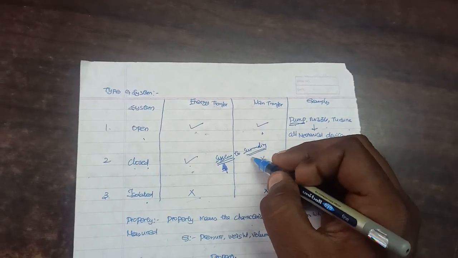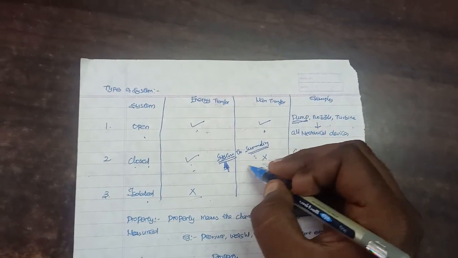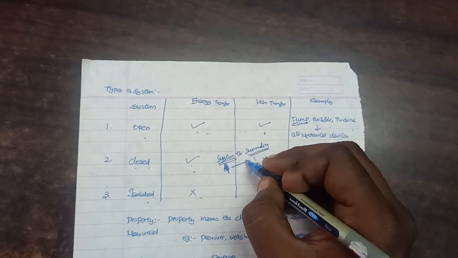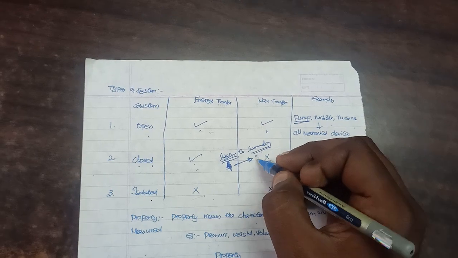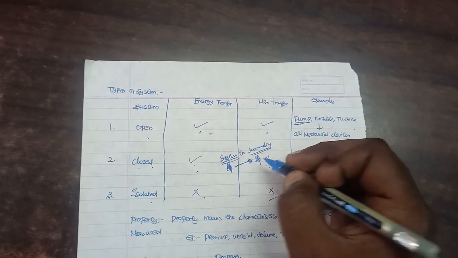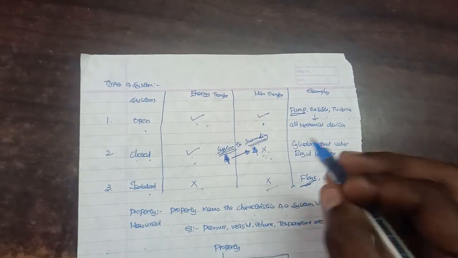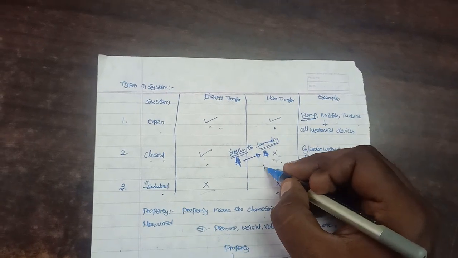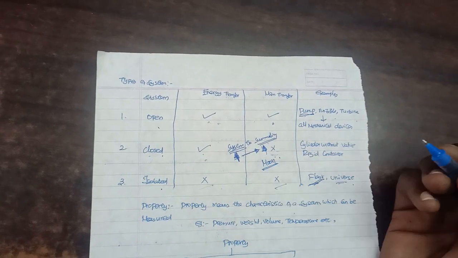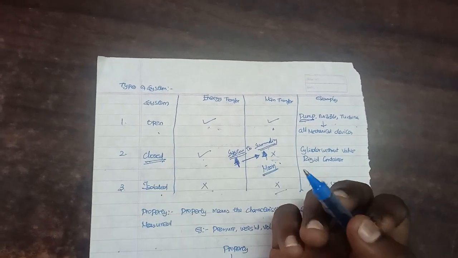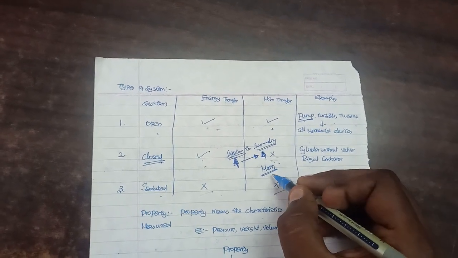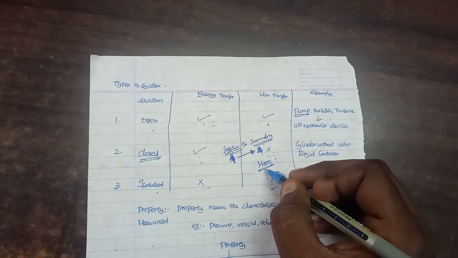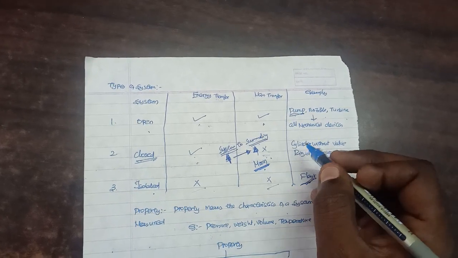Once the sun sets, the surrounding will be cooler, and the system will start delivering the temperature to the surroundings. We can say the moon is a very good example of a closed system. It gets the light from the sun and keeps it, and in the night it gives the light back to the earth.